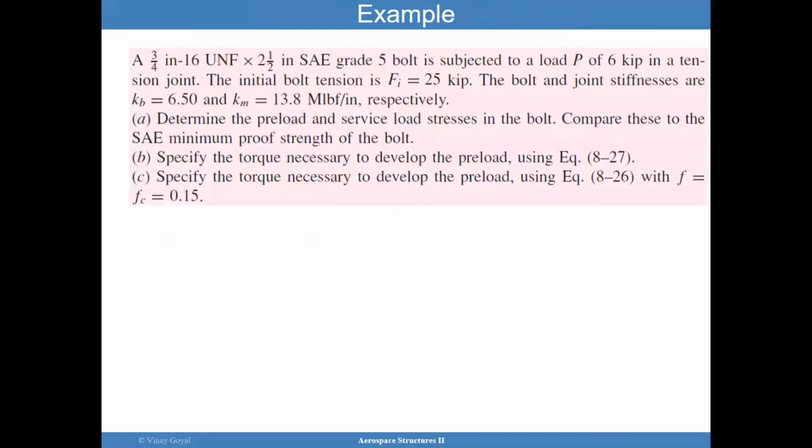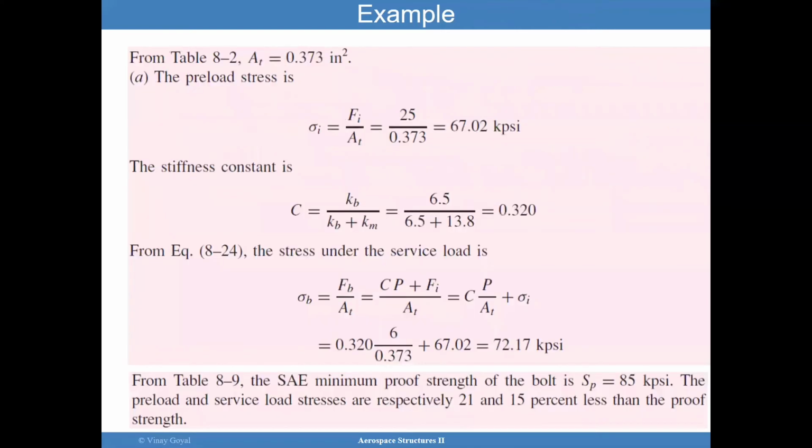So here's an example that we could go through. It talks about how to determine the preload for the problem at hand, to determine the torque necessary to develop that preload, and also to determine that for friction coefficient 0.15. I invite you again to pause the video and go through the calculations if you can, but we can calculate preload stress very simply.